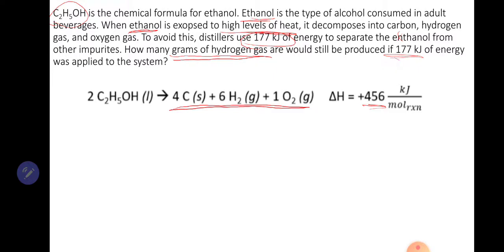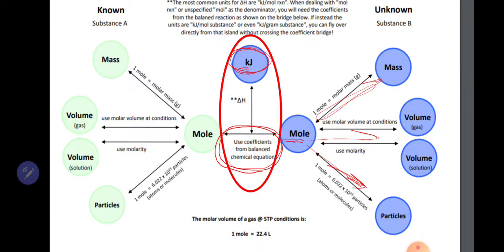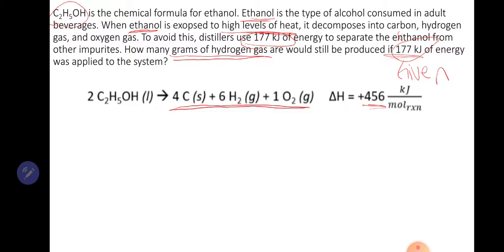You have a given. Your given is energy. So that means box number 1 is going to be energy. And box number 2 will always be moles in this case because that's where we're going. The only thing that can come after energy is moles. And we want to know grams. And we've been doing that all day.